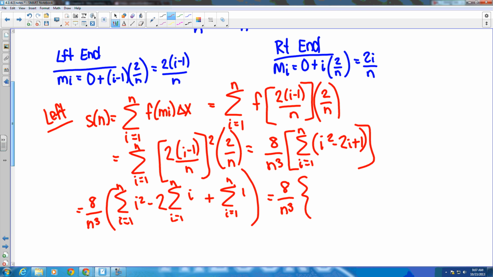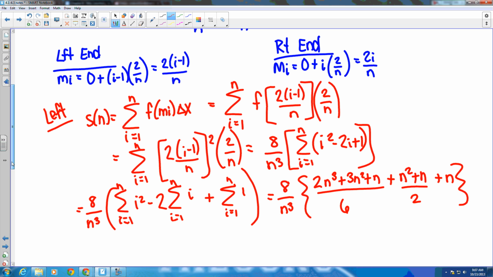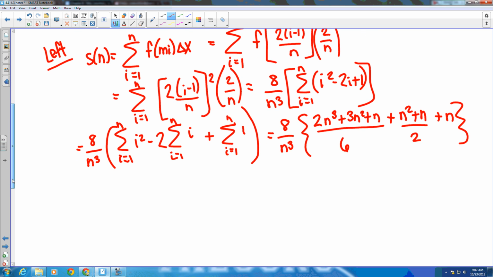let's get back to that first page to figure out what those summations are. The summation of i squared is (2n cubed plus 3n squared plus n) over 6. The second one, the summation of i, is (n squared plus n) over 2. And the third one is just n. Okay, so now if we are going to simplify this, I'm not sure what the easiest way to do this is.